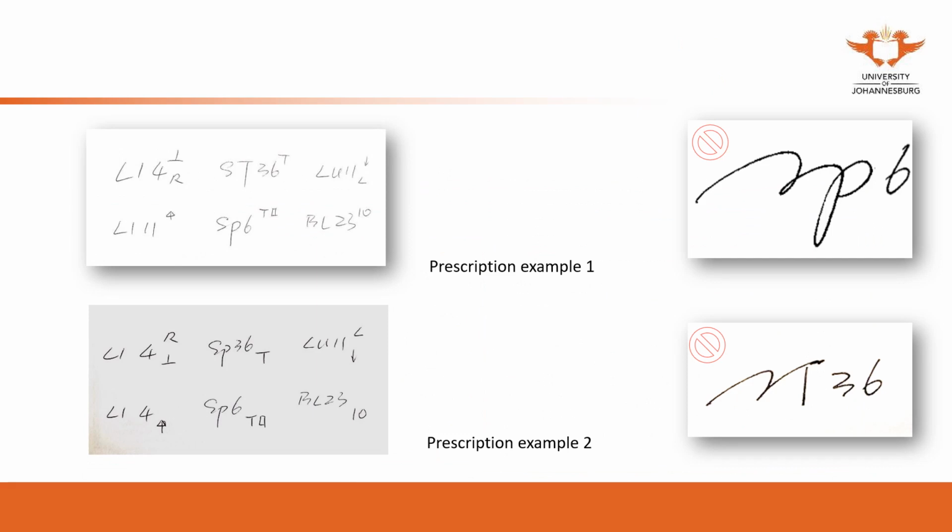In a prescription, it is very important to keep it simple and clear. So when everyone reads your prescription, they will know what points you have been using and what technique you have been using. When you write the letters, try to write clearly.